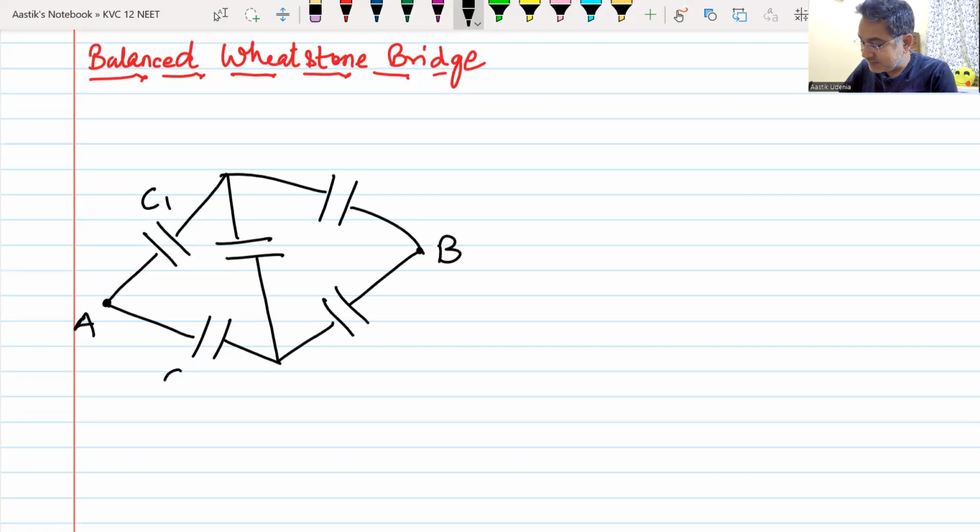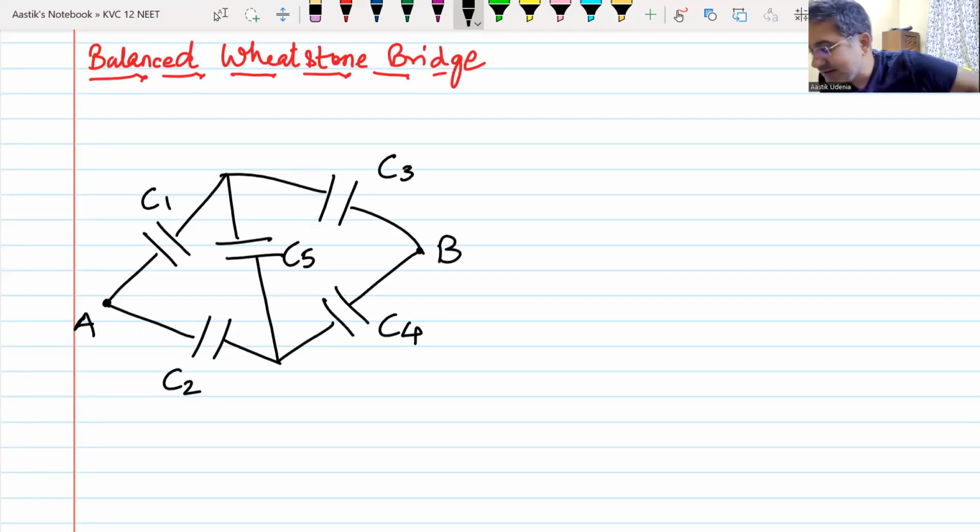Let me call this C1. Let me call this C2. Let me call this C3. And let me call this C4. And the middle one, let us call it C5. Now, if you have 5 capacitors connected like this, this is known as a Wheatstone bridge.